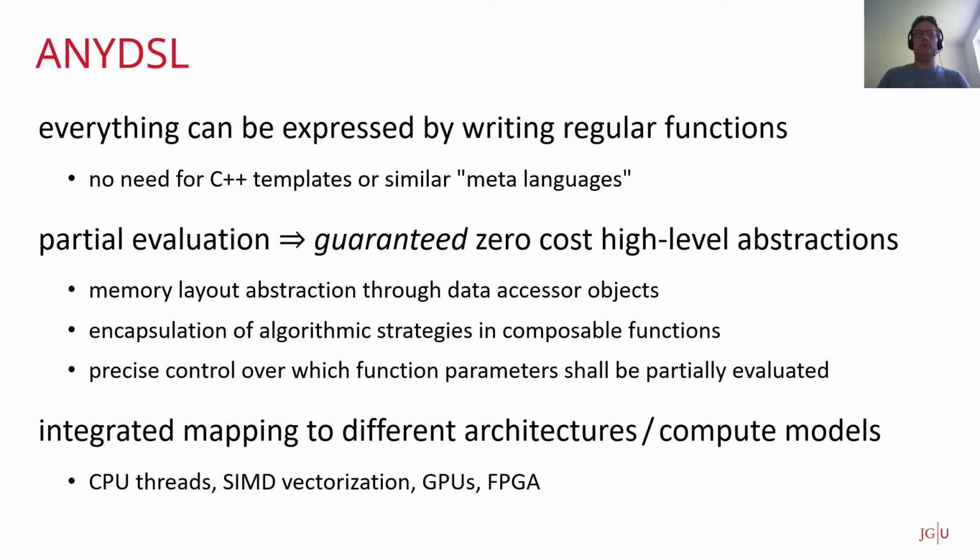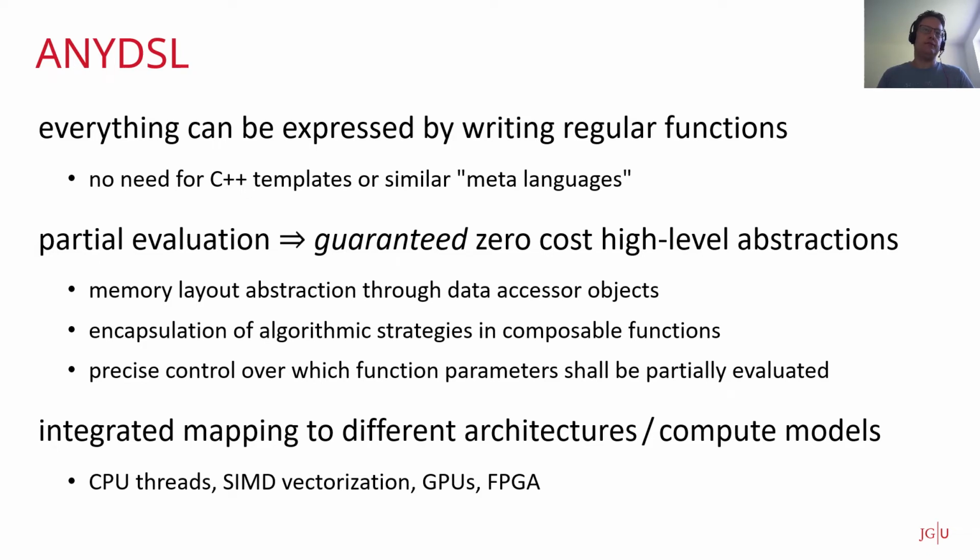AnyDSL's main feature is guaranteed partial evaluation. So unlike with other languages or compilers where you have to rely on compiler heuristics and have to essentially pray that certain functions will be inlined or certain constants will be propagated at compile time, a guaranteed partial evaluation means that you can rely on abstractions to be optimized away at compile time.